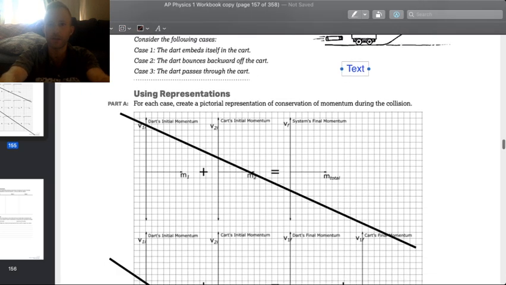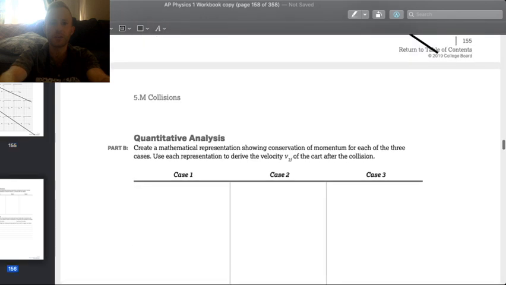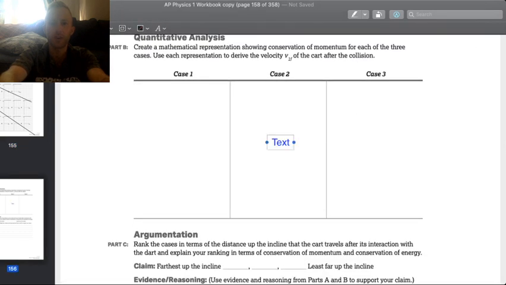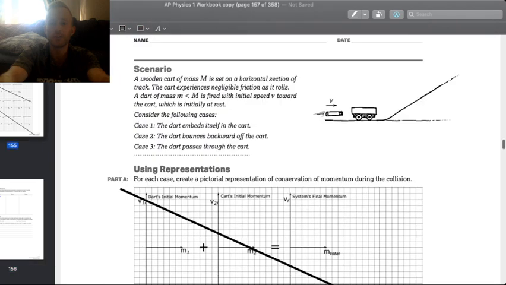Okay, so I'm going to skip to the quantitative analysis. For all of these, we're going to use initial momentum equals final momentum. In all three cases, the initial momentum is little mv.